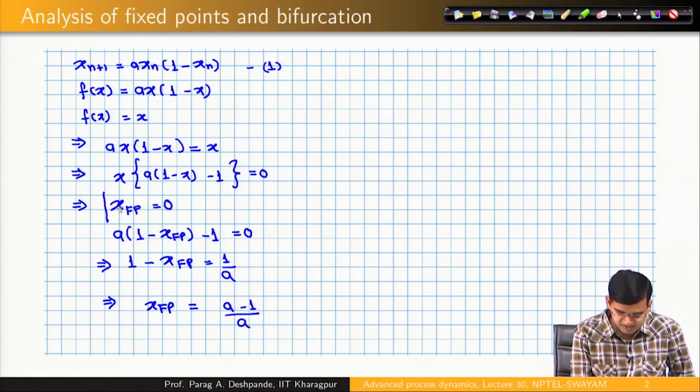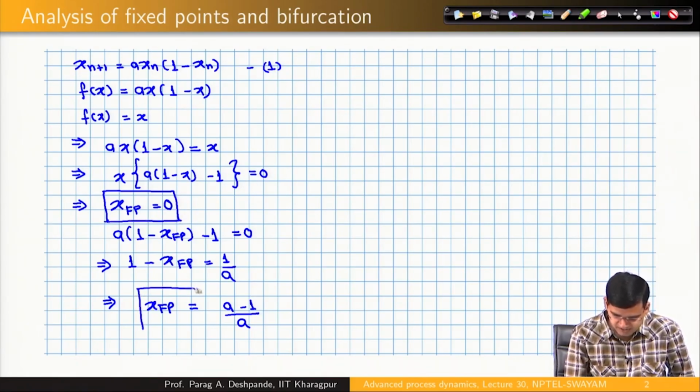So, this is my first fixed point and this is my second fixed point.